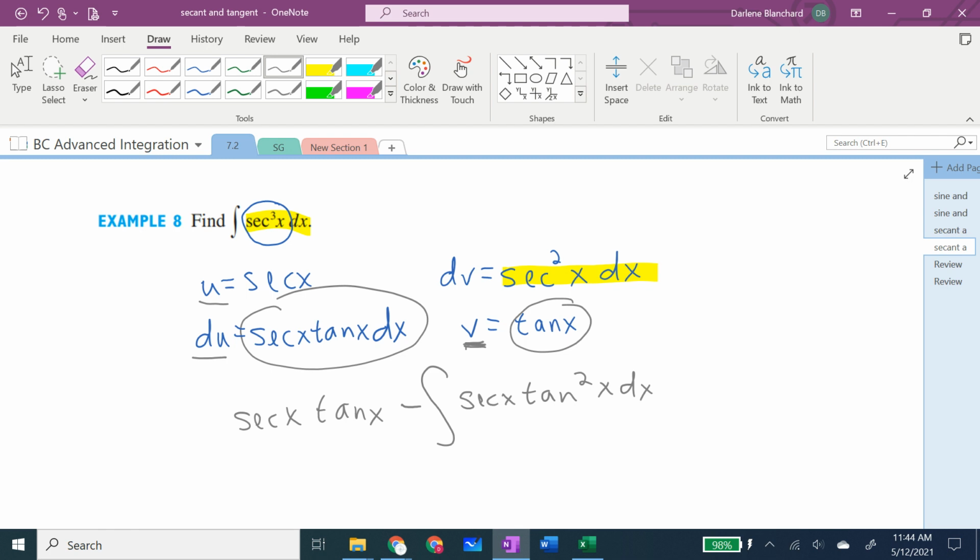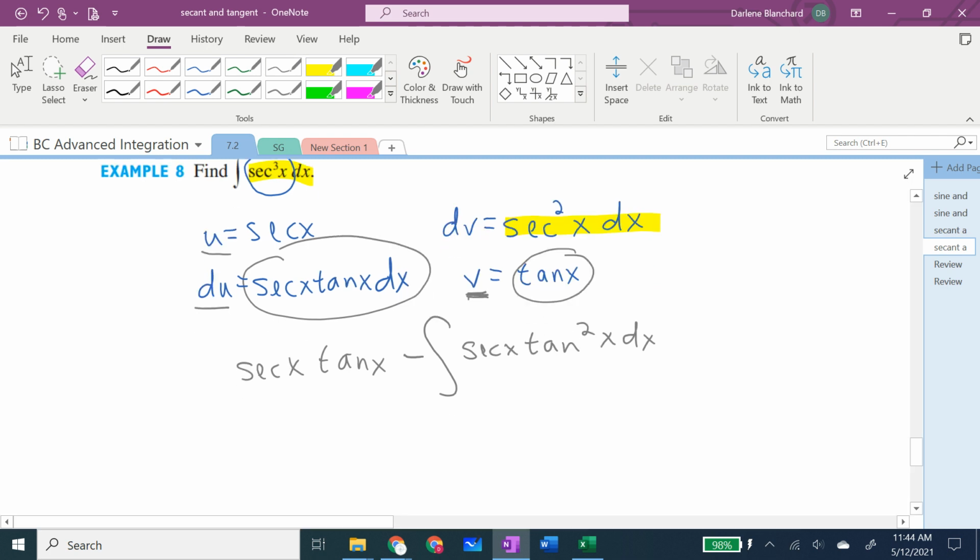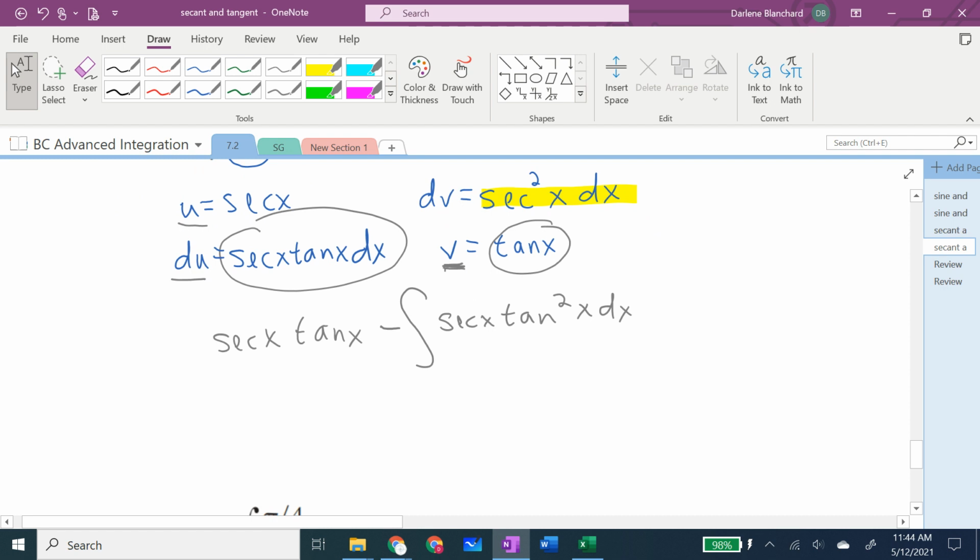Right, the trig identity. Sorry, I meant the Pythagorean identity. Tangent squared is equal to secant squared minus 1. I need to distribute the multiplication of my secant over that subtraction.